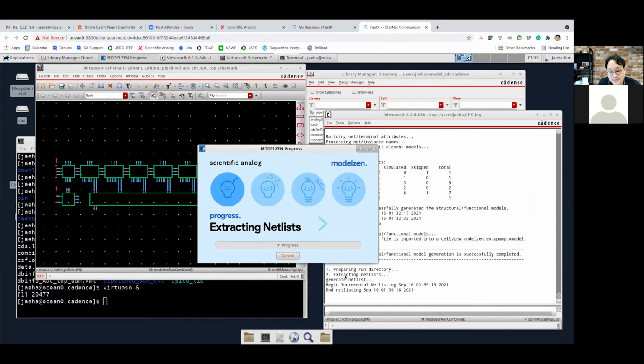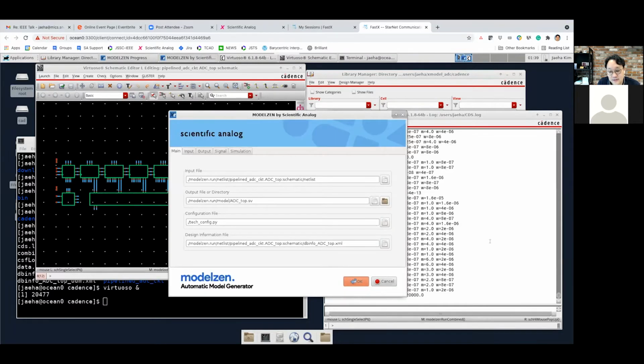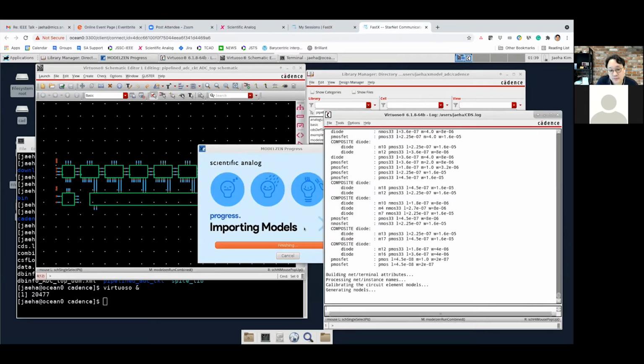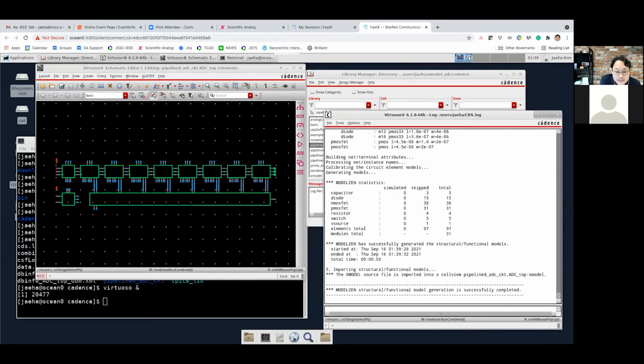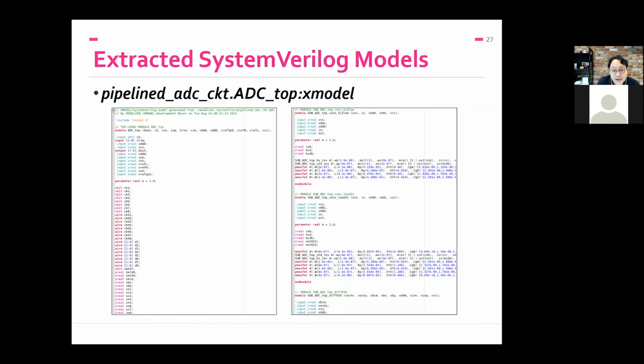This should finish fairly quickly because I have pre-run this. What it's doing is caching the previous characterization results, and it's just going to pop up the model directly. It's now a big model because it contains multiple hierarchies, which we're going to show one by one. So this is just a glimpse of it.